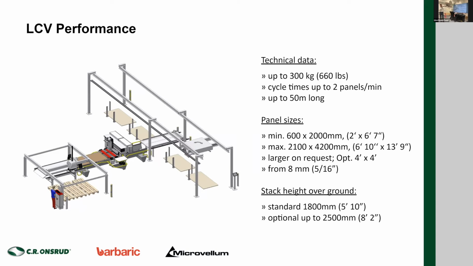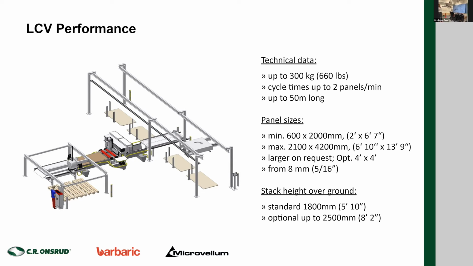Can be perpendicular, parallel, or linear to your system. And here in that graphic, you even see that we can locate them on both sides of the machine as well. And we can also integrate a 90-degree turning function to be able to turn that pallet as we load it onto the in-feed table.